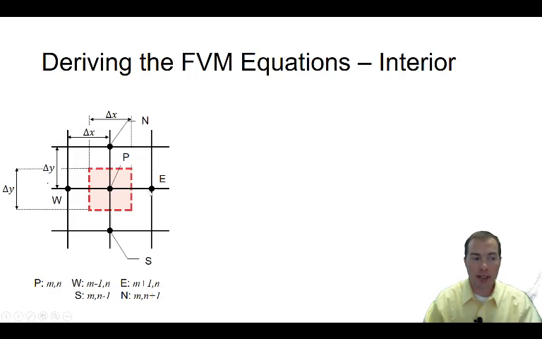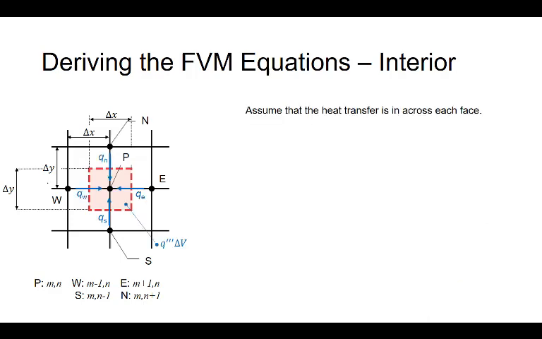The node to the east will be labeled with E, the node to the south with S, and the node to the north with N. As a reminder, these are the indices m and n associated with each of these nodes. The node of interest is the m,n node. For example, the node to the north is the m,n+1 node. It is 1 row above.